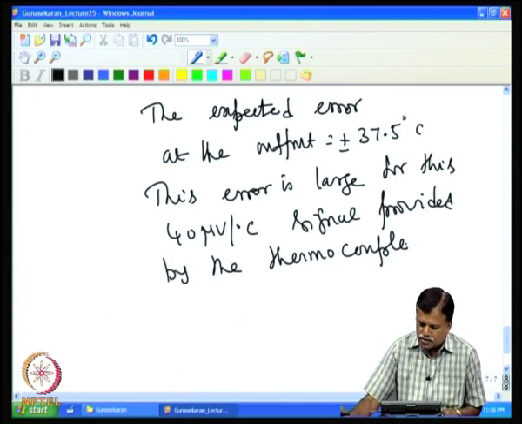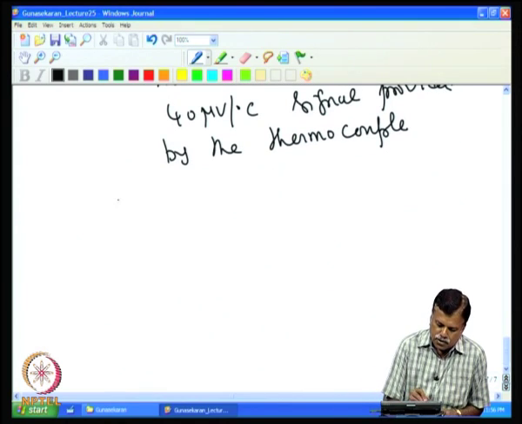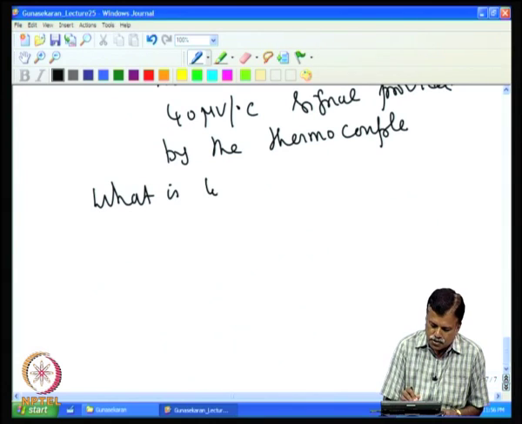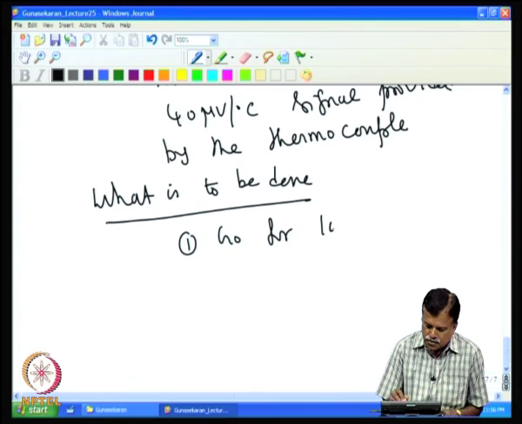So, if we had to reduce the error, then what is to be done? One has to go for low drift op amps.